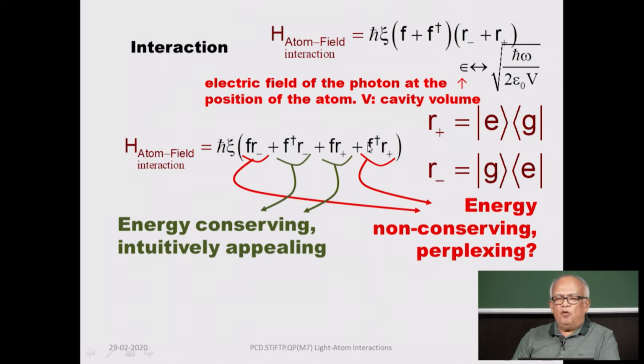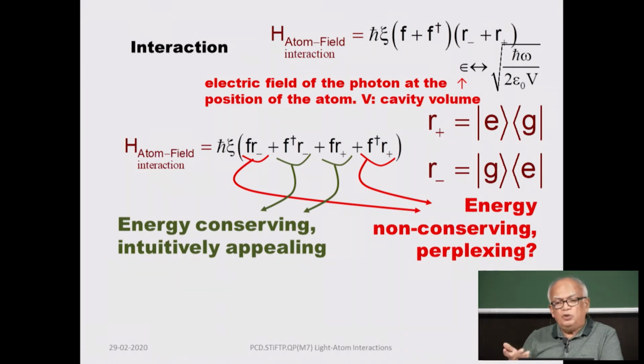And let us look at these 4 terms carefully. 2 of these are underscored by this green arc, the inner 2, and the outer 2 are underscored by the red arc, and they have different properties. So, look at those underscored by the green arc. You have got a lowering operator here and the creation of a photon. This is something that we intuitively expect. In the other one, you have got the destruction of a photon and the raising of the atomic system, which we also intuitively expect.